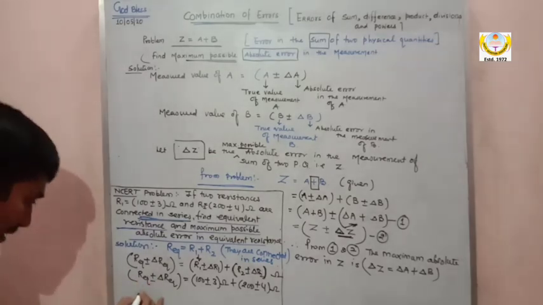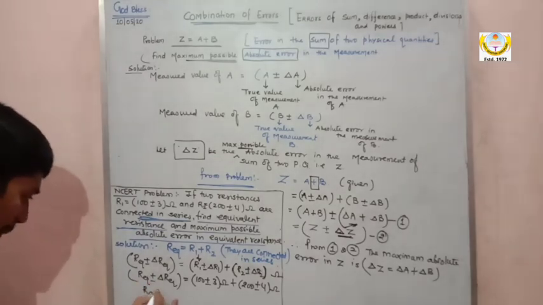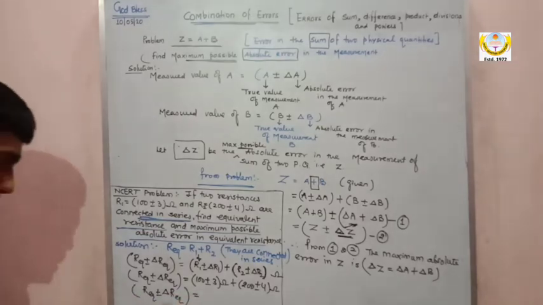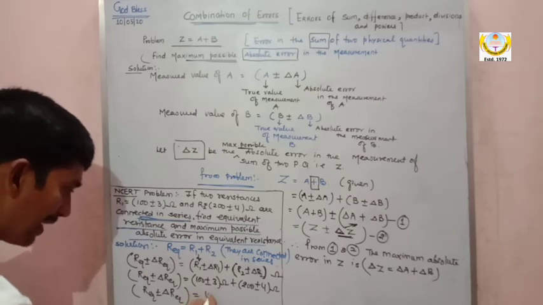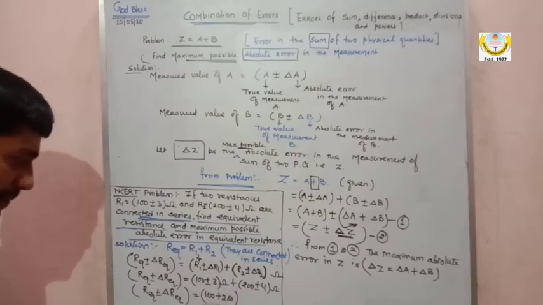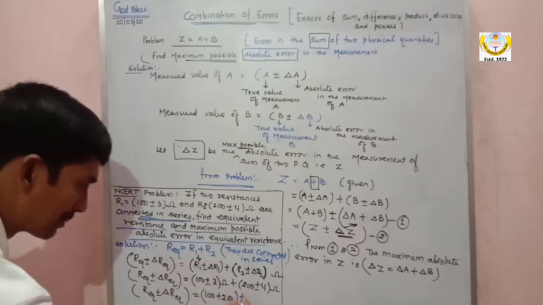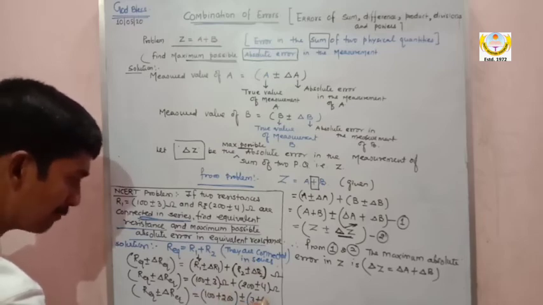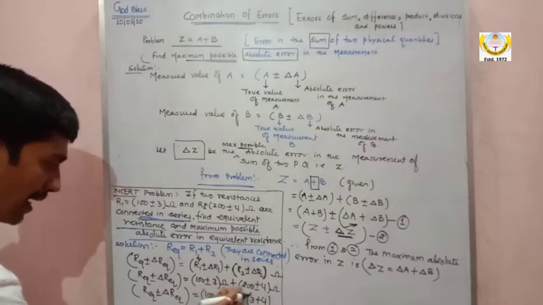Now, R equivalent plus minus delta R equivalent is equal to 100 plus 200. I have taken the true values together, and here it is plus minus the error values, 3 plus 4.